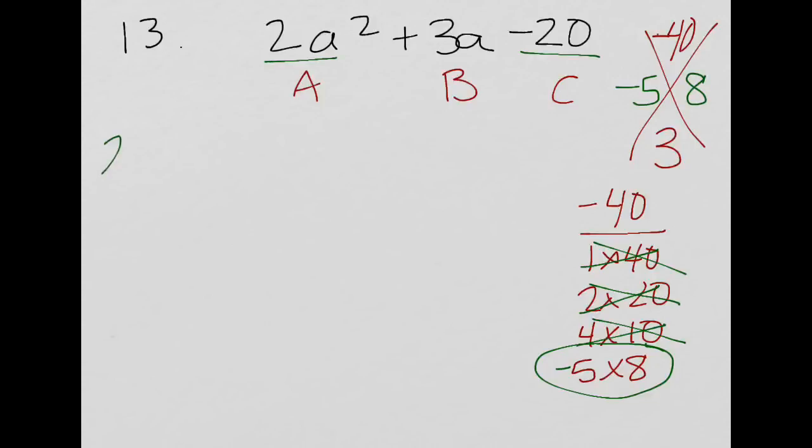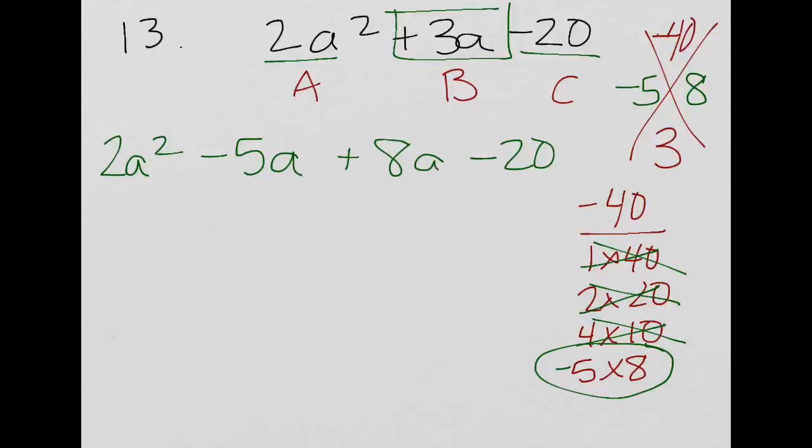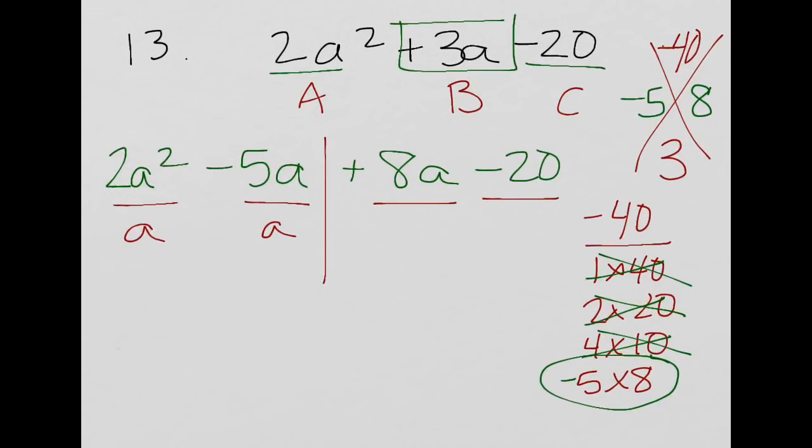So I keep the first and last, and I take the middle, and I split it. And now I have something I can factor. So on the left side, I'm going to take out an A. So it's 2A. Nope. I'm just giving you all kinds of points on this one.